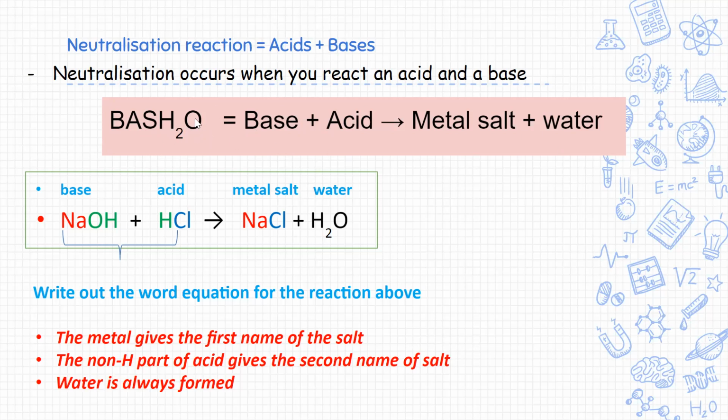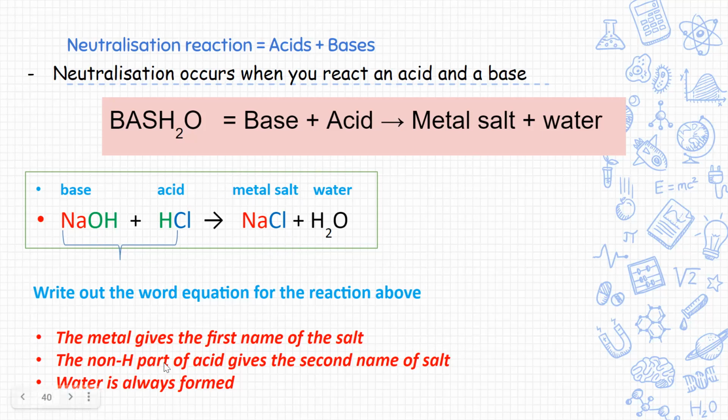Now, before we start looking at this in a little bit more detail, we're going to look at the salts, okay, and how we name the different salts. So the metal gives the first name of the salt, okay, for example, the sodium, that's the first name of the salt, and as we can see over here, sodium chloride is that salt produced.